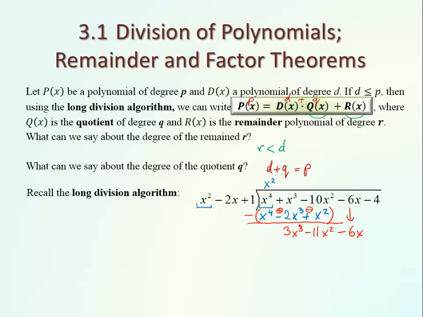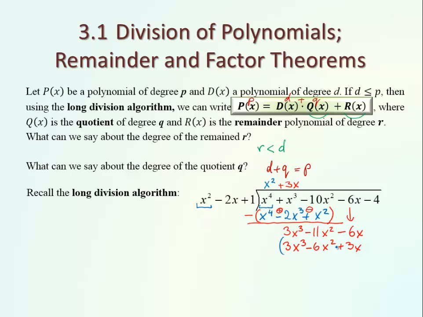The whole algorithm starts all over again. We ask ourselves how many times x squared goes into 3x cubed. That goes 3x times. And we multiply to check how much was divided: 3x cubed minus 6x squared plus 3x.